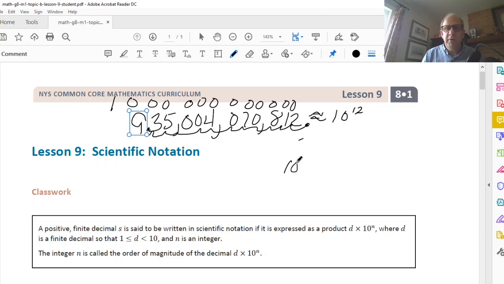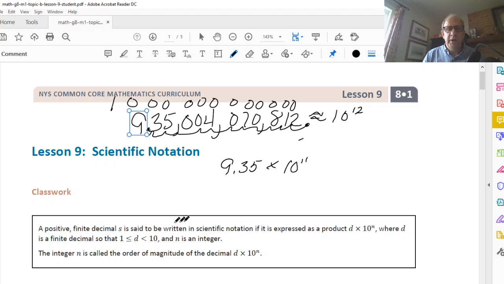So that would be times 10 to the 11th. And then we're just going to take the first number or two, 9.35. Now we can go 9.35, 004, 007, 00812, but that's not saving us anything. Usually scientific notation is 1 or 2 decimal points, okay?